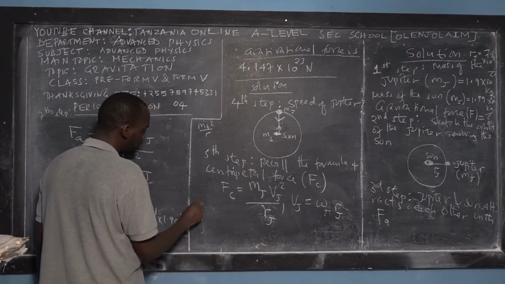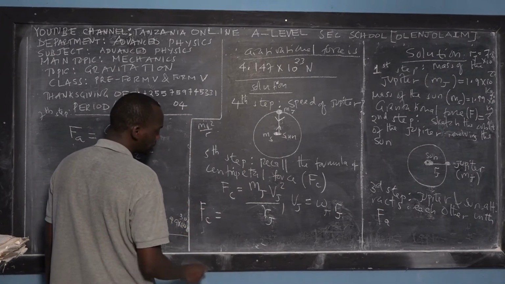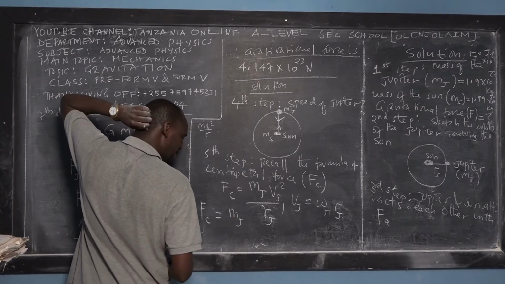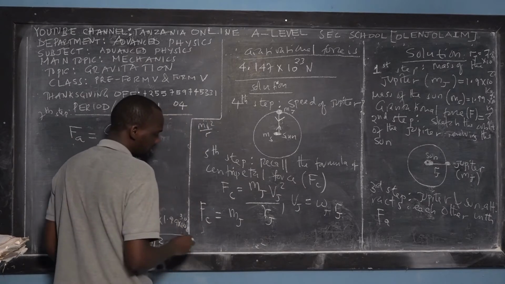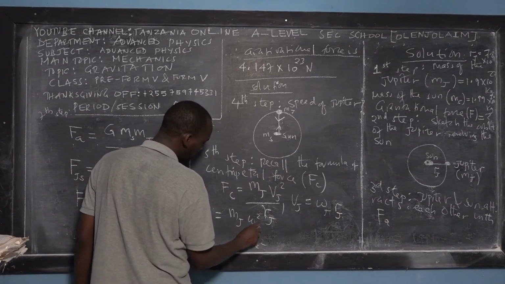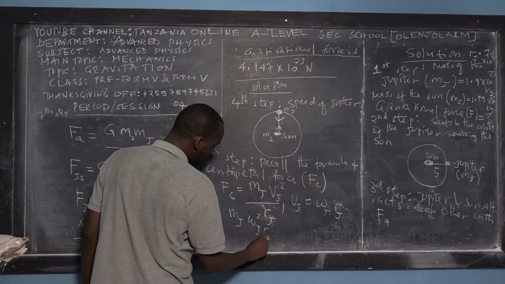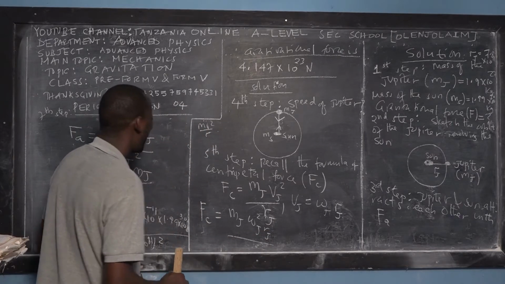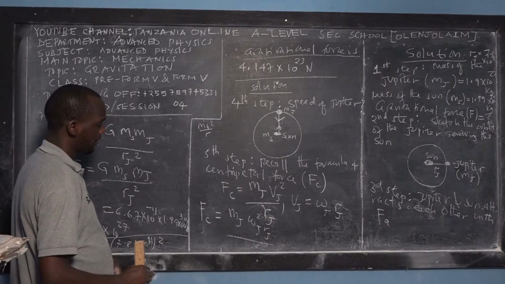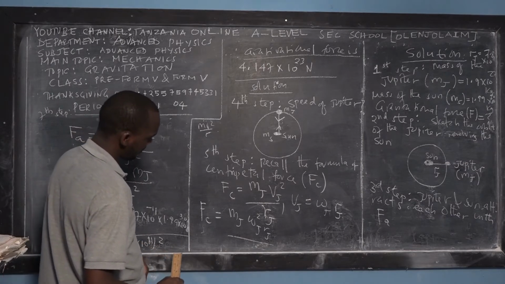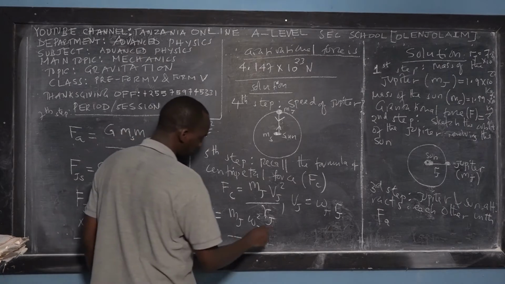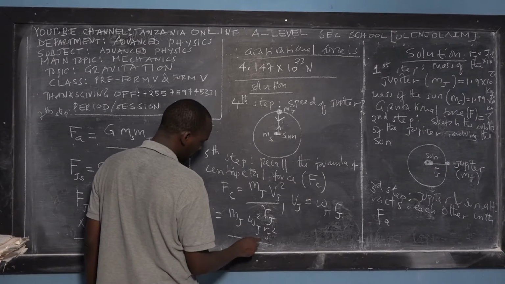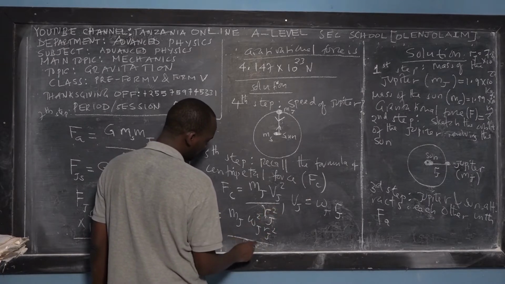So then we say that centripetal force is equal to what? Mass of Jupiter, and then angular velocity squared of Jupiter, radius of Jupiter, over the radius of Jupiter.